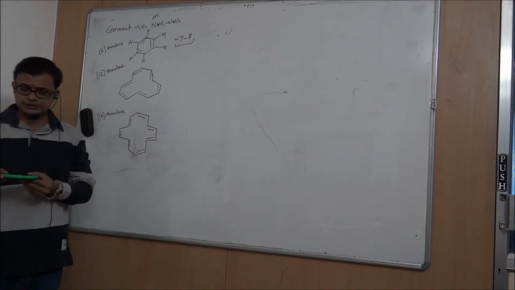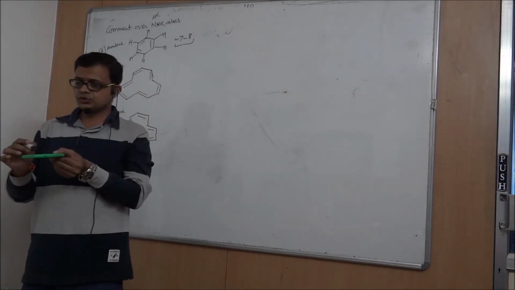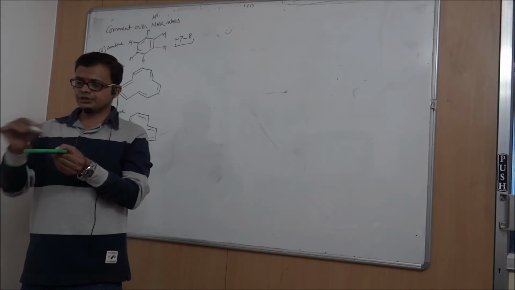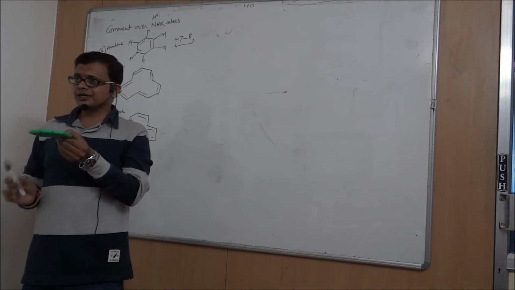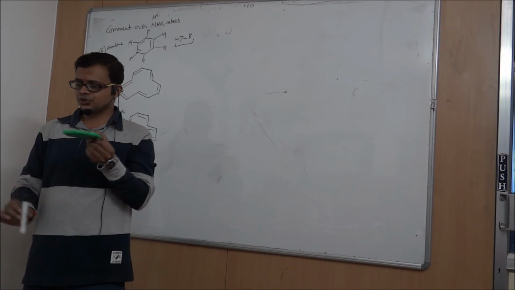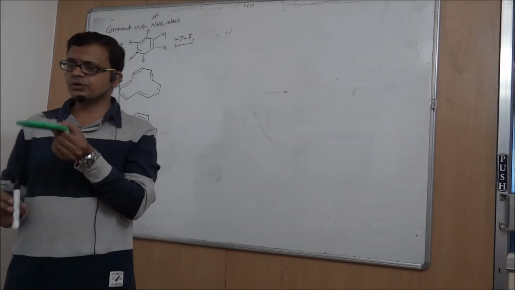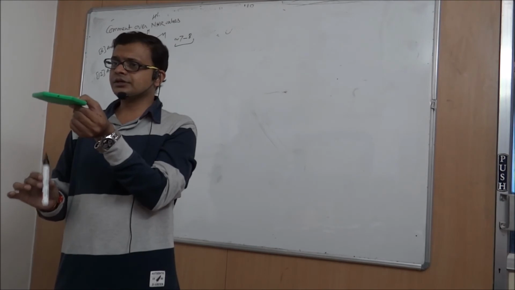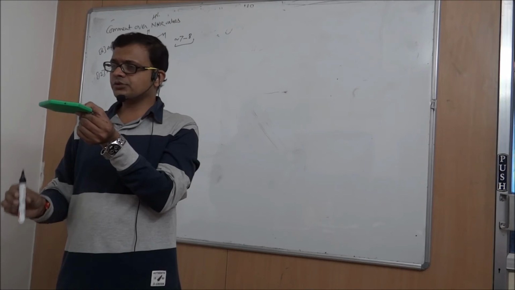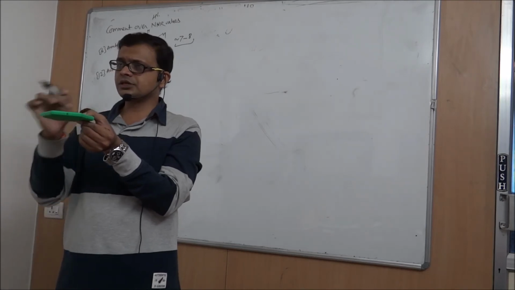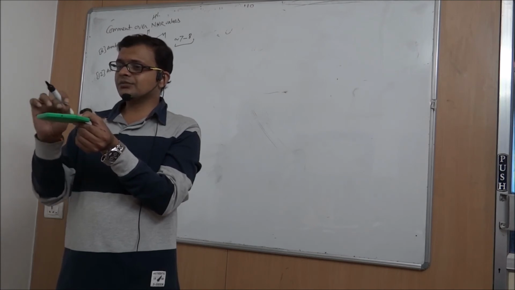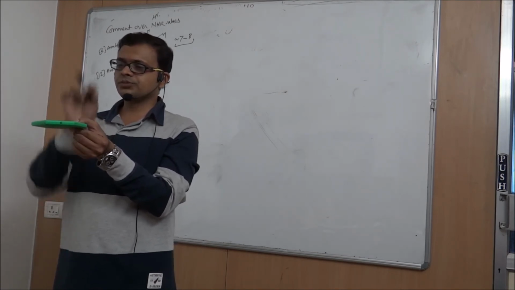So see, this is the benzene ring. There is a pi electron cloud over this one, and hydrogens are there. In NMR you are applying a magnetic field, called the applied magnetic field. If this is the direction of the applied magnetic field, the molecule will adjust itself so that the pi electron cloud will be like this. Due to this ring current, there is generation of a secondary magnetic field all over the ring.